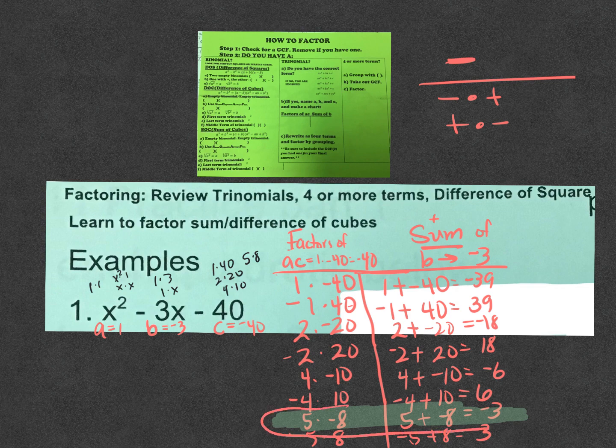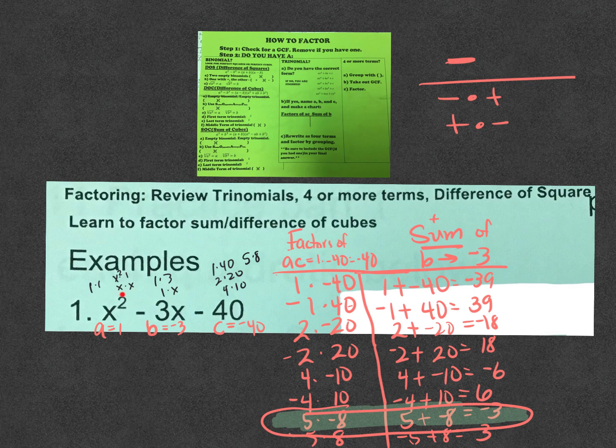This right here. Now here's where it becomes a little complicated, but try not to let it be too complicated for you. What we're going to do is rewrite this trinomial, and replace negative 3x with 5x and negative 8x. Let's do that right now.